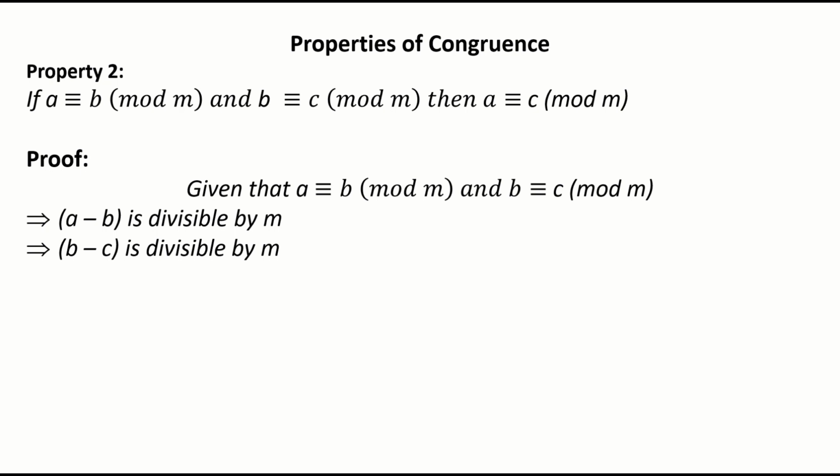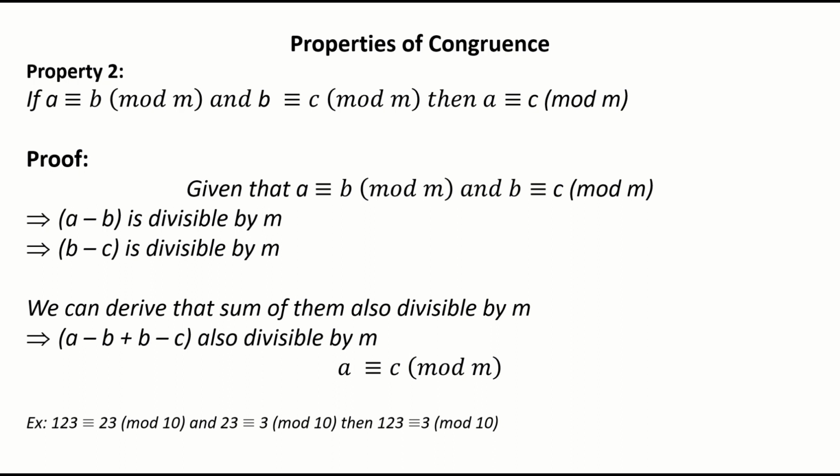From the above two statements, we can derive that a minus b plus b minus c is also divisible by m. Which means if you add them, the result is a minus c, divisible by m. That is, a is congruent to c modulo m.